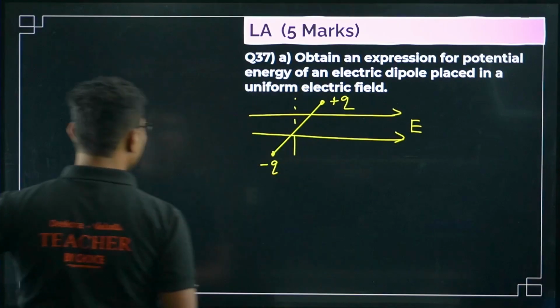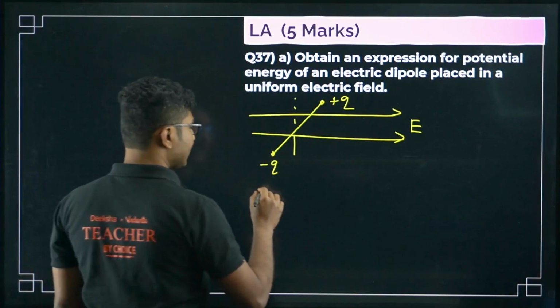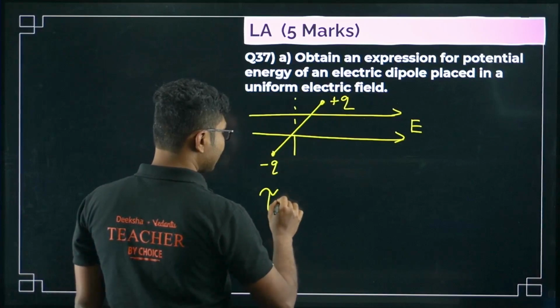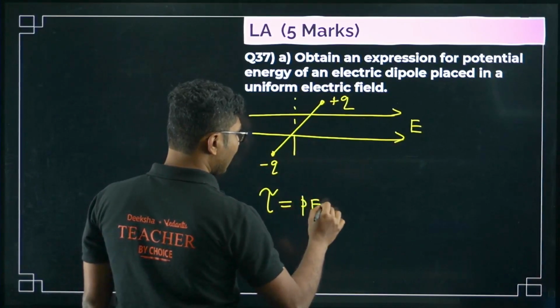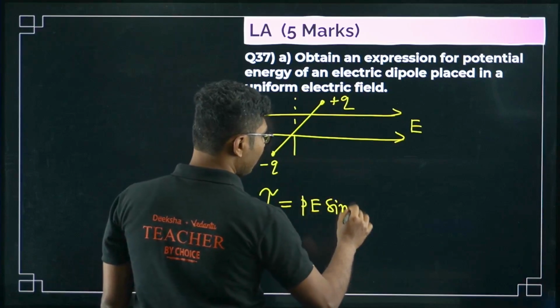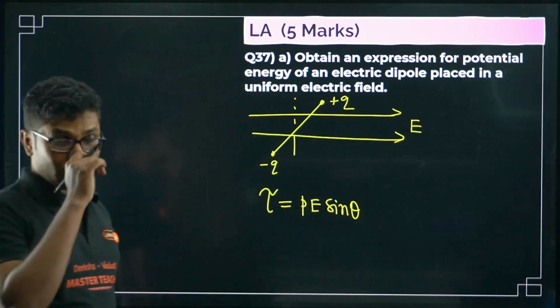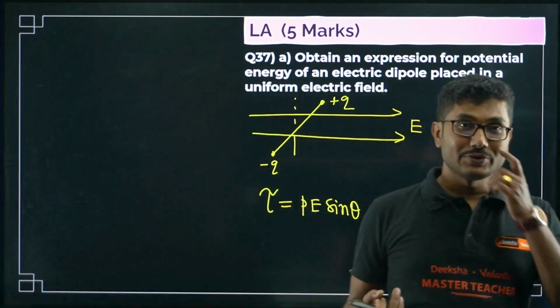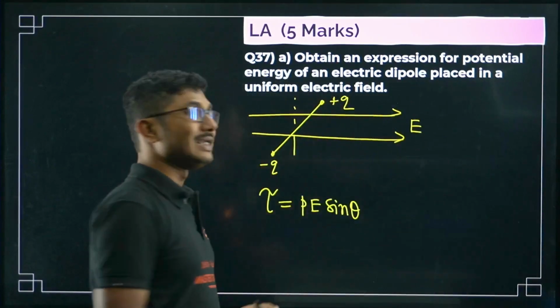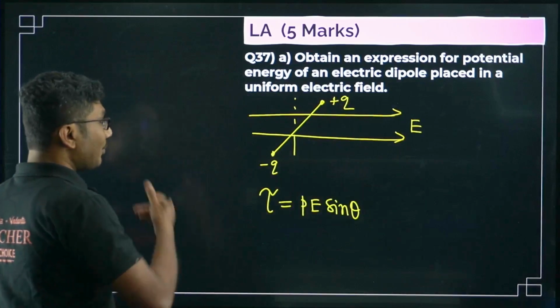First of all, we have to see what is the torque acting on this. So the torque acting on this system is basically given by pE sin theta, right? If you remember p cross E, so if you express it in the scalar form, torque is equal to pE sin theta. Now what is the potential energy?